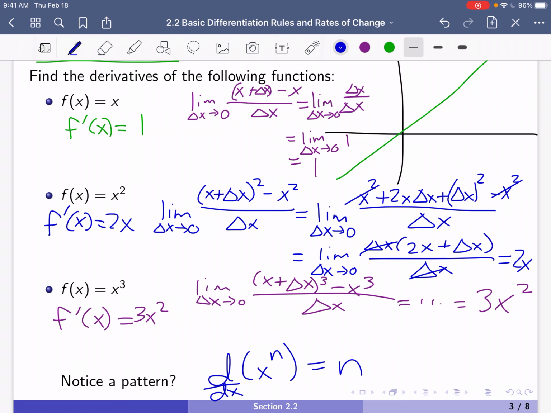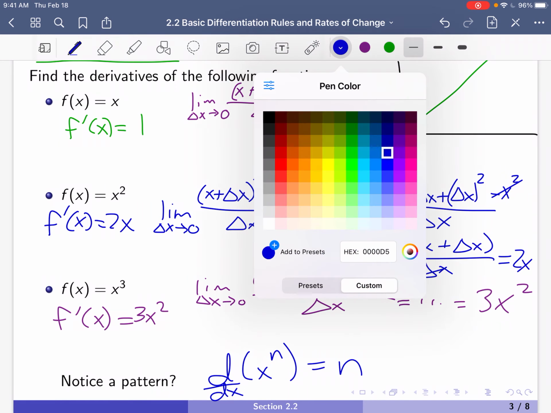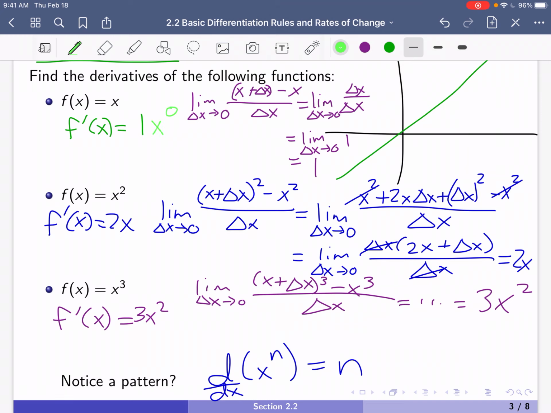What's happening to the powers of x here? So we don't see an x right there. Even though we don't see it, it doesn't mean that it doesn't exist there, right? So we could say that that's really an x to the 0 power. And so we have one x to the 0 power. We have a 2x to the first power and then a 3x to the second power.